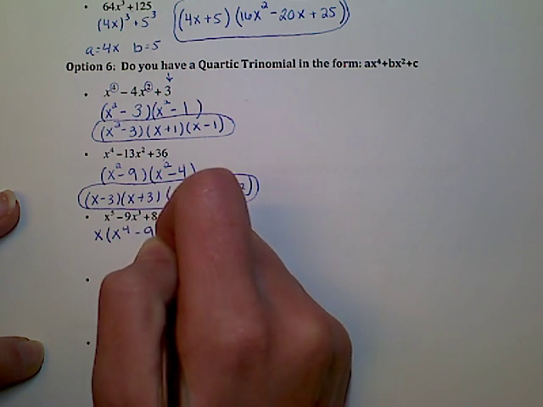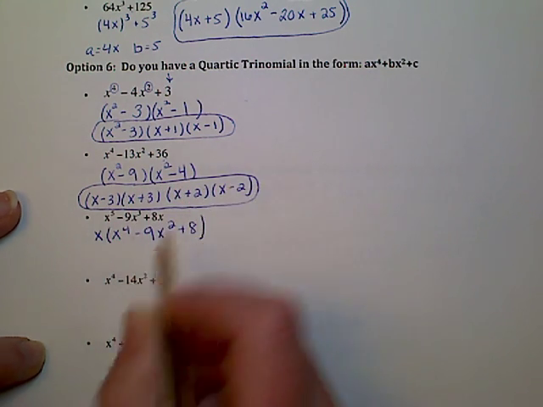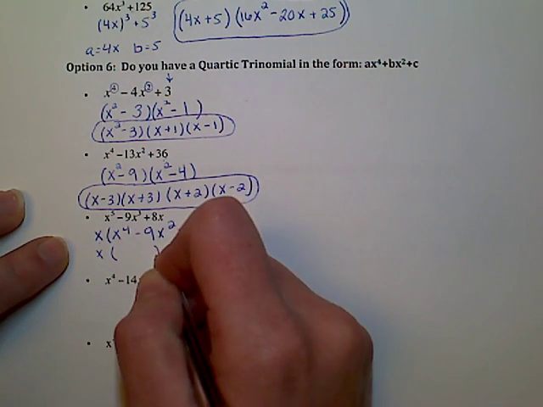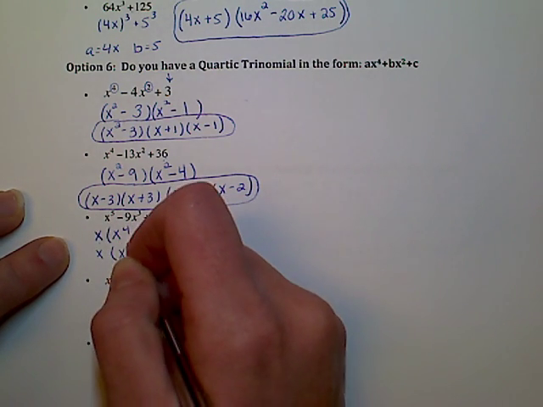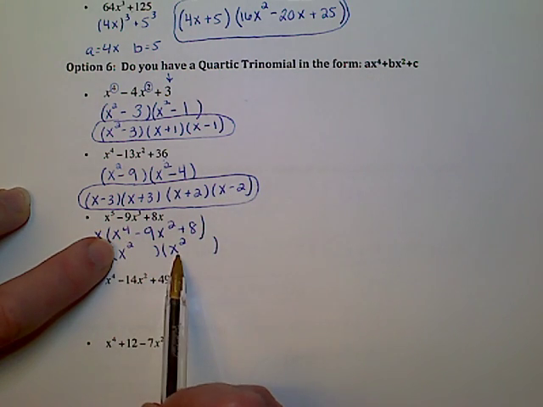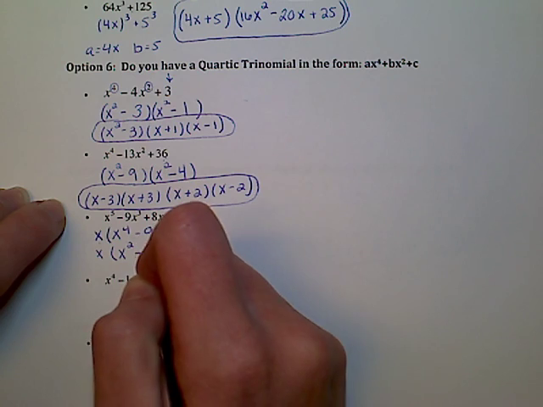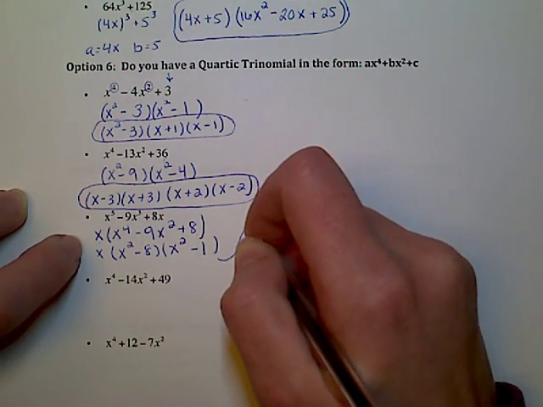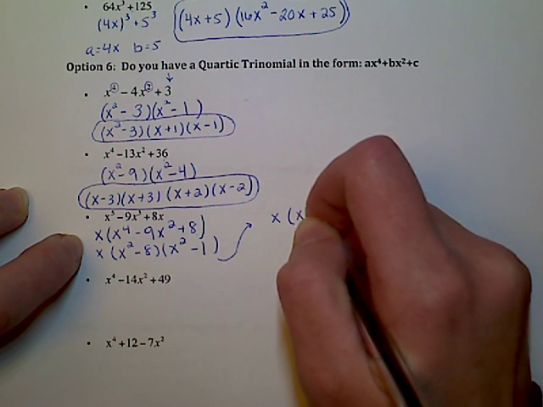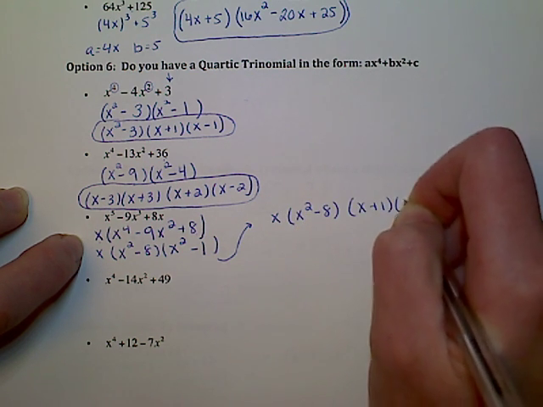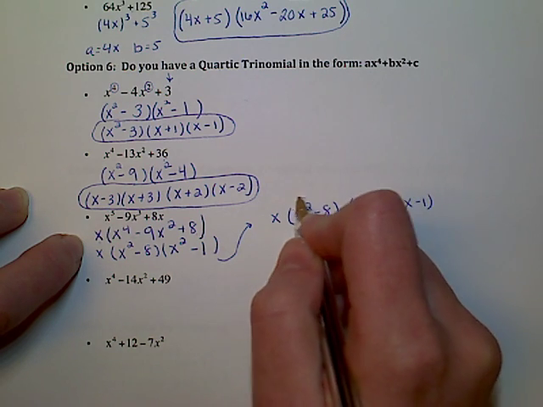On this next one, hopefully you caught that there was a GCF of x before you started too much here. Then to factor what's left, we have an x squared and an x squared. We have to do a minus 8 and a minus 1, which multiply to 8 but add to negative 9, and then this actually goes further into x plus 1 and x minus 1.